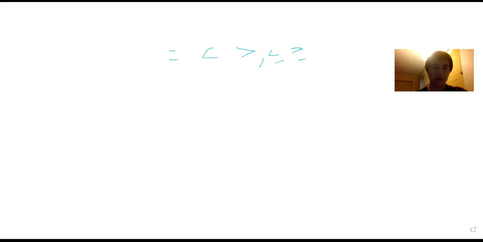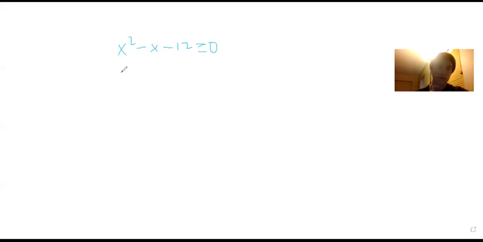One of the ones we did was x squared minus x minus 12 is greater than or equal to 0.